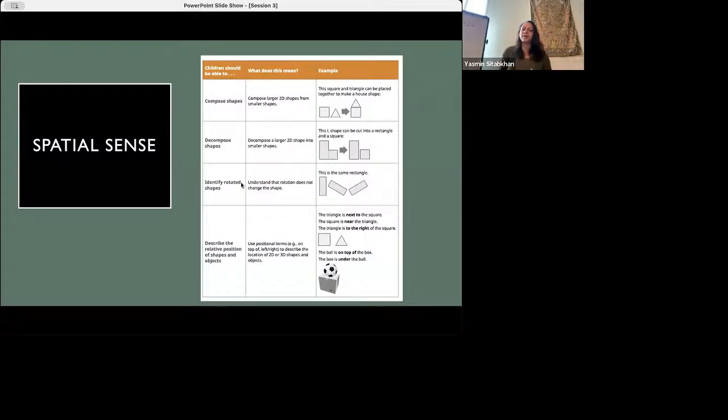Rotated shapes, I think that is something that's really important, understanding that, this is a triangle right here, but so is this, and so is this, and so is this. And one thing I would say for all of you when you're doing especially triangles, don't always use the same type of triangle.